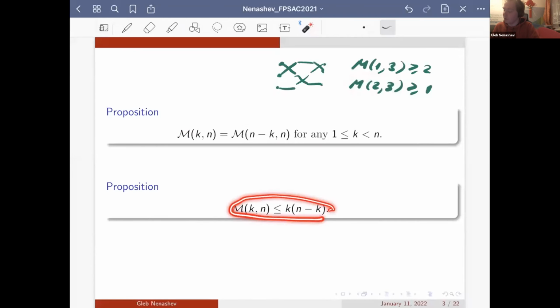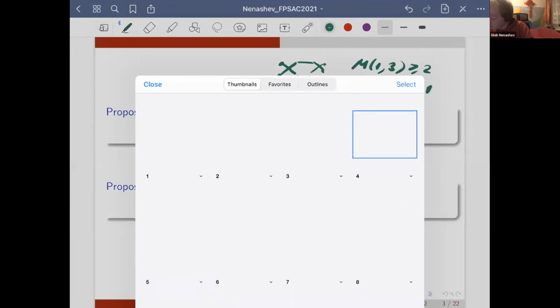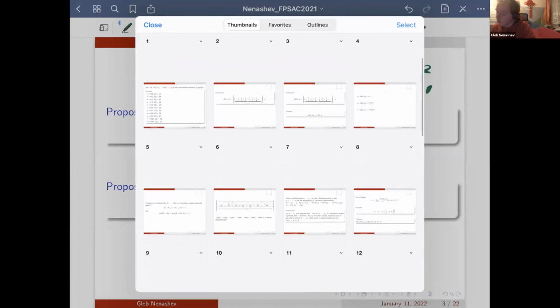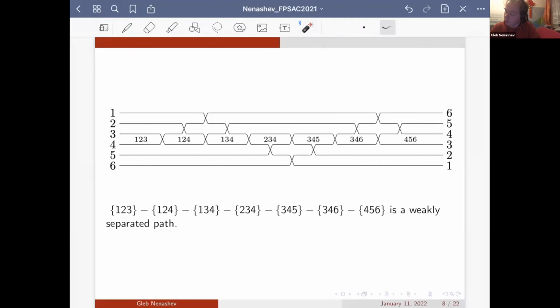How can we prove this proposition? Just consider a large wiring diagram. And let's move to a few slides before. For example, we have 1, 2, 3, 4, 5, 6. And here we have the other direction. And it's the third level.